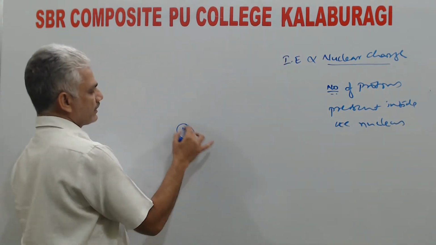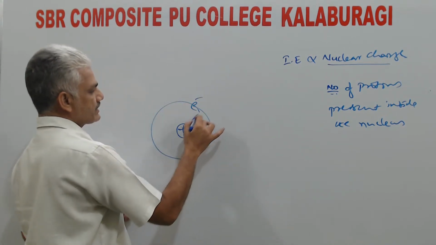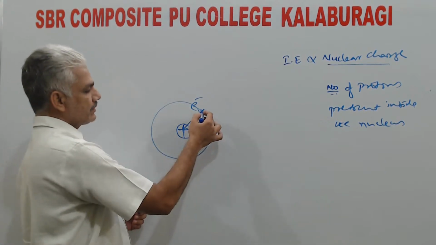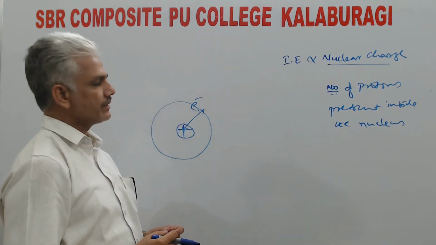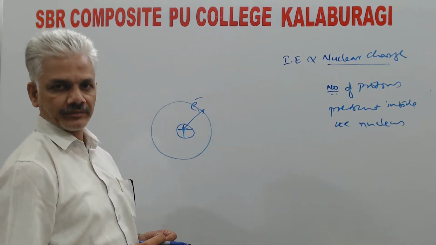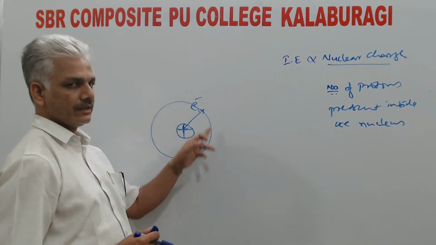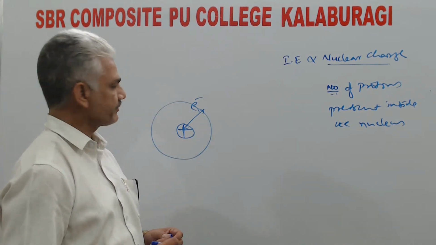Between the nucleus and a moving electron, there are always two types of forces operating. One is the nuclear force of attraction and the other is the tangential force due to the movement of the electron. When these two are in a balanced state, the electron moves in a particular orbit at a fixed distance.